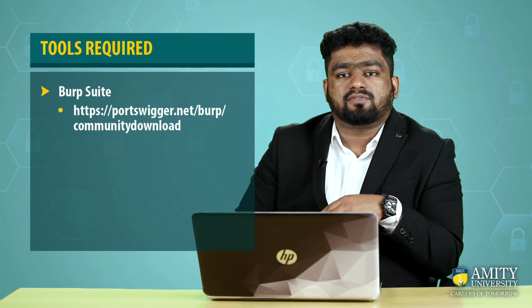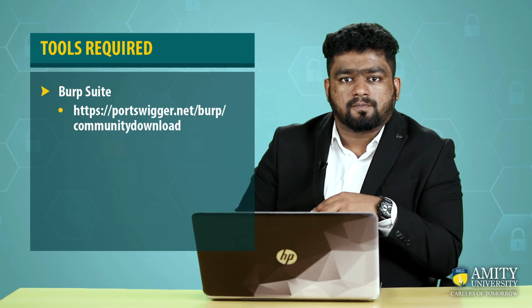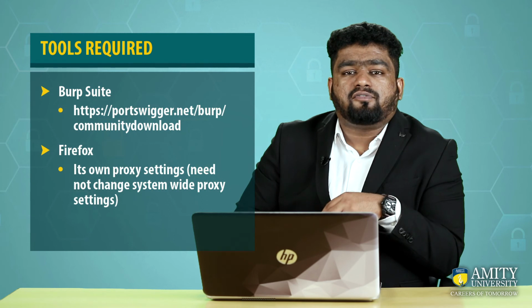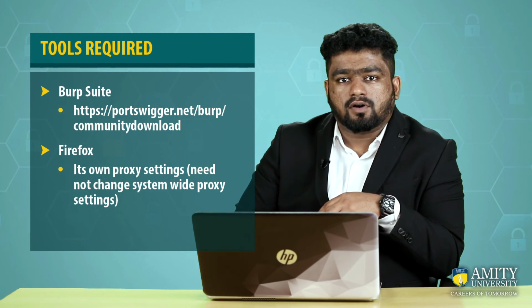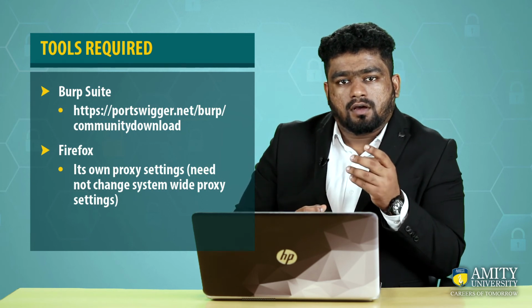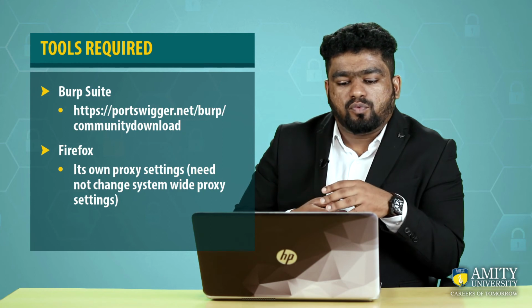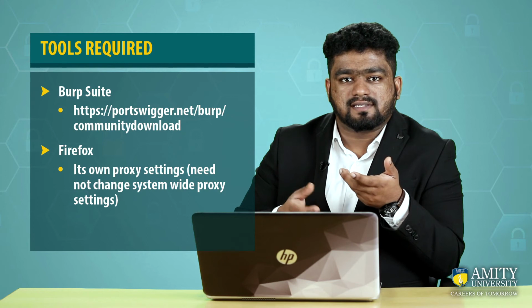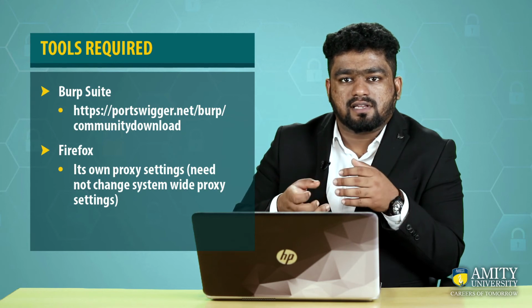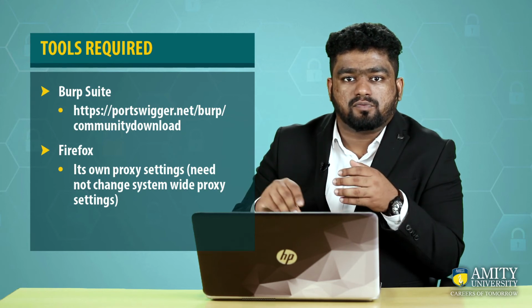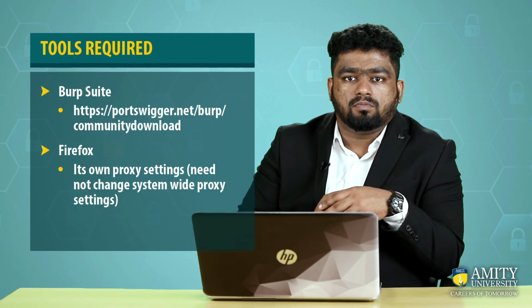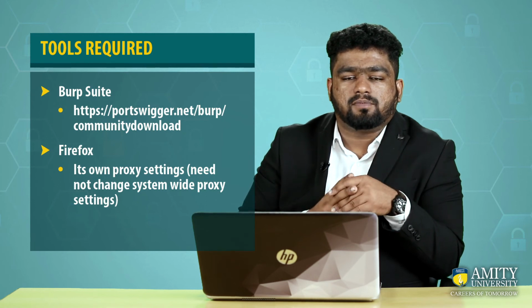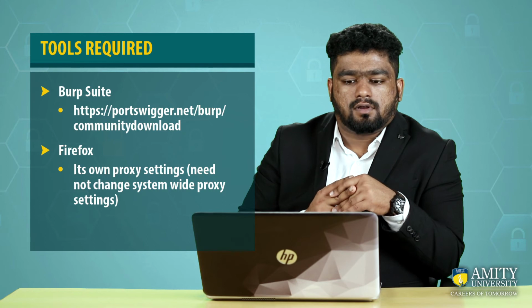The next requirement is a browser. We prefer the Firefox browser here because Firefox has its own proxy settings. We can send the request generated from Firefox through a particular port. We can't do that in Chrome unless we have some add-ons installed.